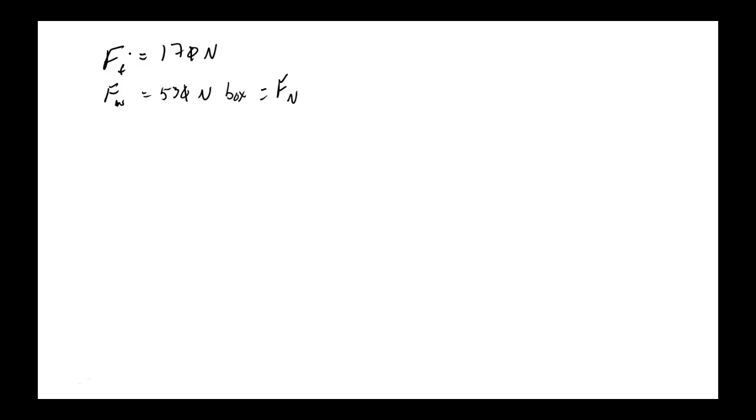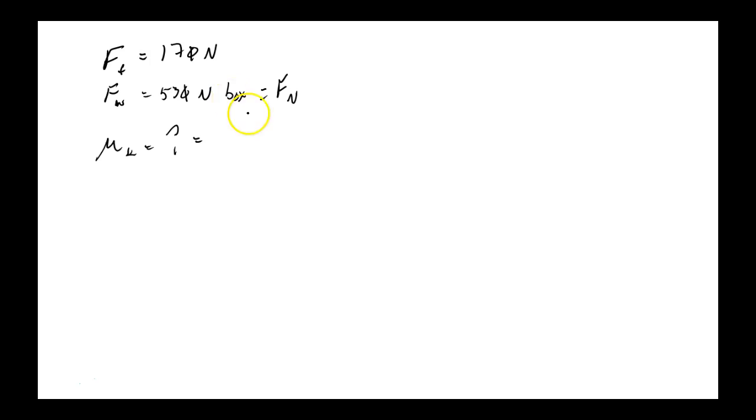So it says, what is the coefficient of kinetic friction? The mu sub K is what we don't know here. And what do we have from before? I had to erase the slide. Sorry about that. What was the formula for mu sub K?